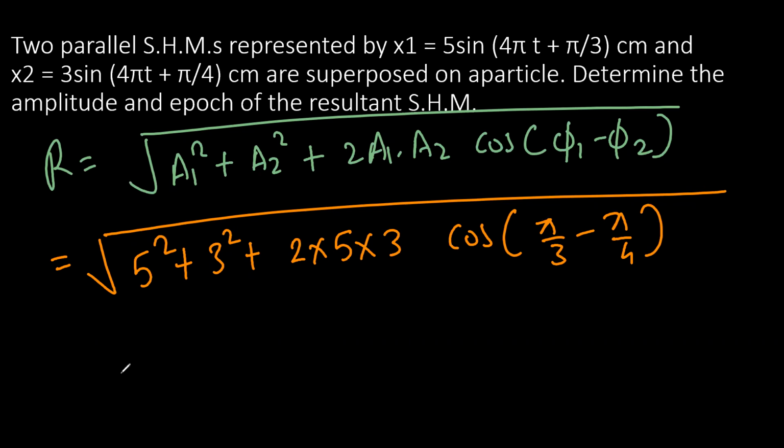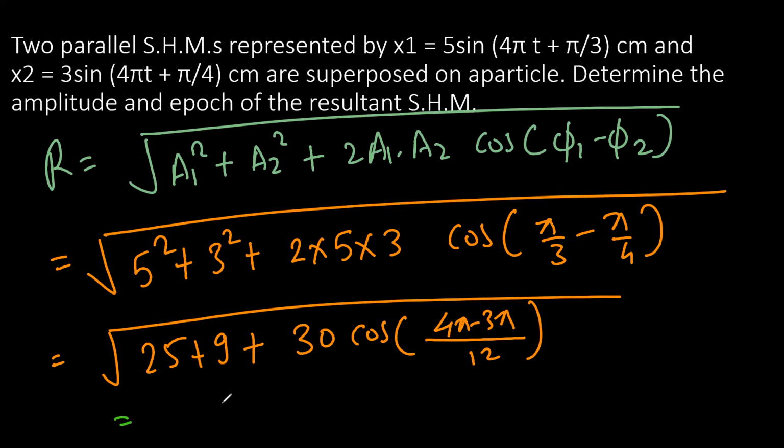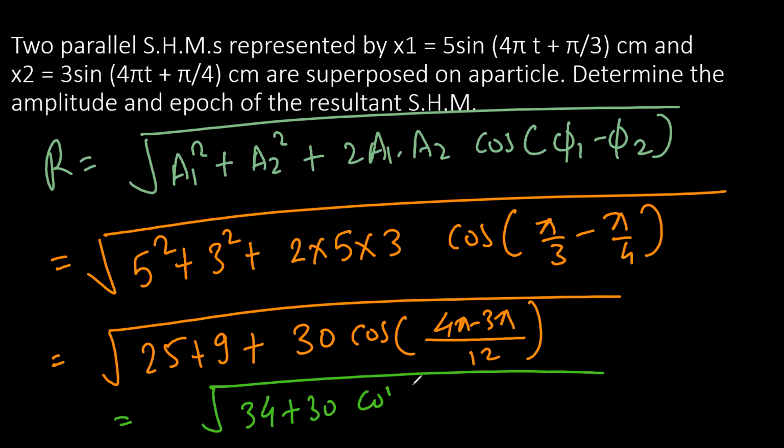So you need to solve it. When you open this, it will become 25 plus 9 plus 30, and this is cos of pi by 3 minus pi by 2, so this will become 4 pi minus 3 pi by 12. So actually, solving here, this will become 34 plus 30 cos pi by 12. From the log table, you need to find what is the cos pi by 12.